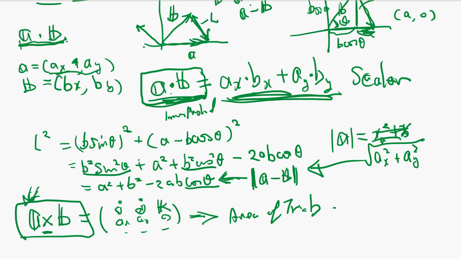So area has direction. If you have vector A and vector B and you write B times A, the vector points one way, and A multiplied by B points the other way. The direction is orthogonal to A and B, and the vector size is the area defined by A and B. Okay, so this is the basic vector algebra.